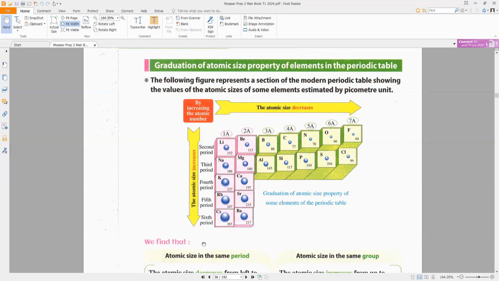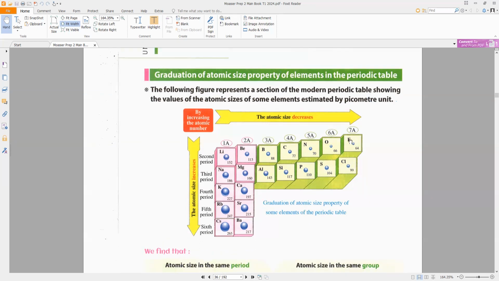Cesium. But fluorine has the atomic size decreasing in the period and increasing in the group, so fluorine has the smallest atomic size. So when we ask what is the group that has the largest atomic size, it's group 1A. What is the main element that has the largest atomic size? Cesium.